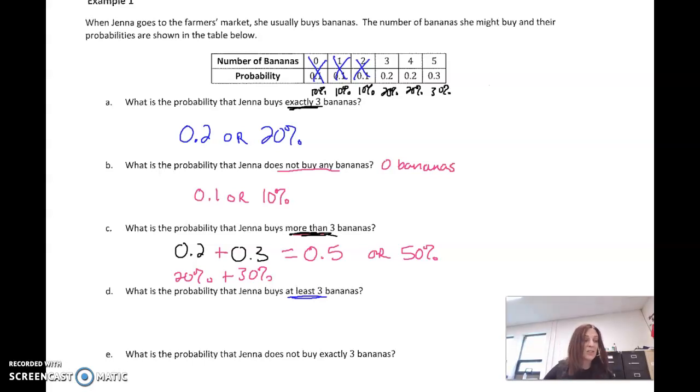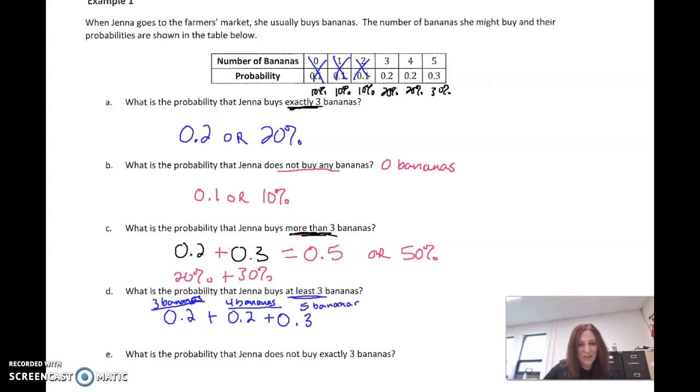So in this case, she's going to buy either 3 bananas, which is 0.2 or 2/10, or 4 bananas, so again I'm going to add it, that's 2/10, or 5 bananas. Again, this is 3 bananas, just to have it in your notes, 4 bananas, and 5 bananas.